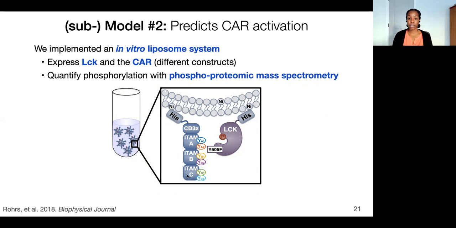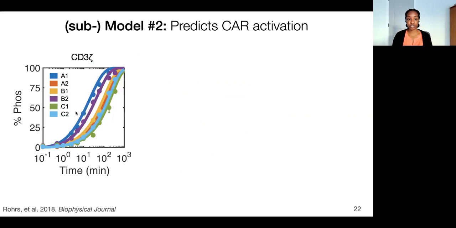And then on the membrane, she can express different proteins. So she expressed CAR, the CAR construct, she also expressed LCK. And then she could add ATP for different amounts of time and quantify the amount of phosphorylation on the CAR using phosphoproteomic mass spectrometry. So the data that she collected are the circles here.